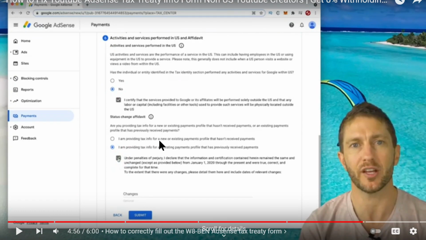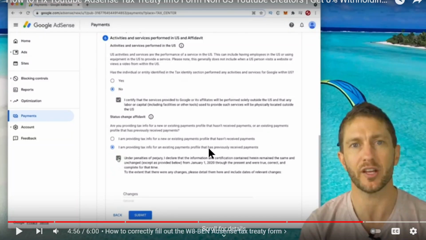I'm providing tax info for an existing payment profile that hasn't received payment yet. But how can you be a new profile and you haven't received payment yet? It doesn't exist. Even when I had a new profile, my money was being received, even though I didn't cash it out. So I chose this one.